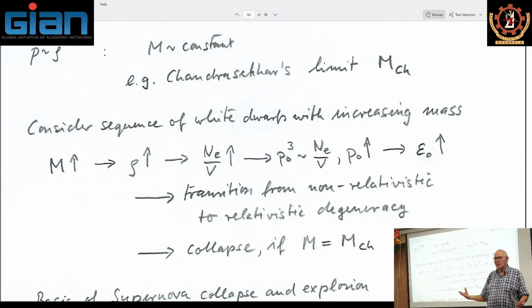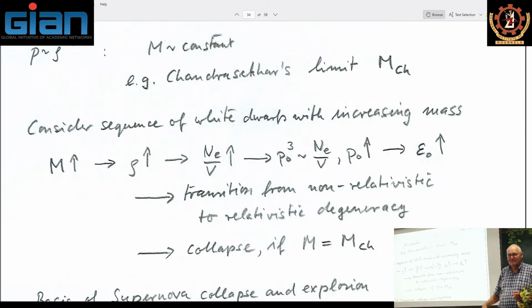For instance, if our white dwarf is in a binary system and the companion sheds mass on the white dwarf, then it increases its mass. This is actually the process which is found in binaries. The companion sheds mass on the white dwarf, thereby its mass increases, and thereby the white dwarf finally reaches Chandrasekhar's limit.